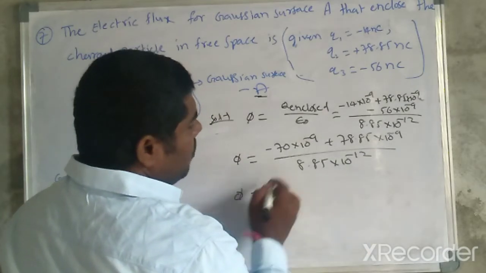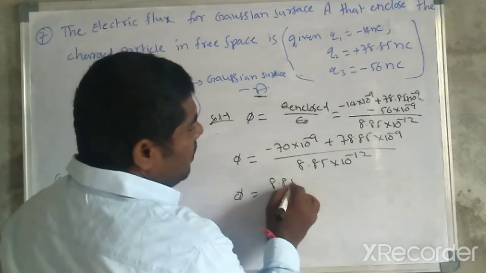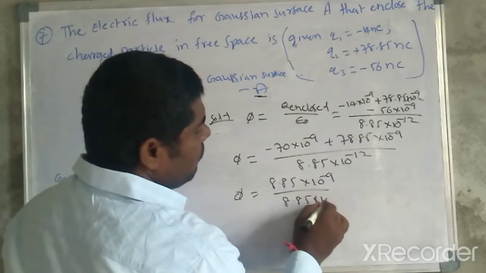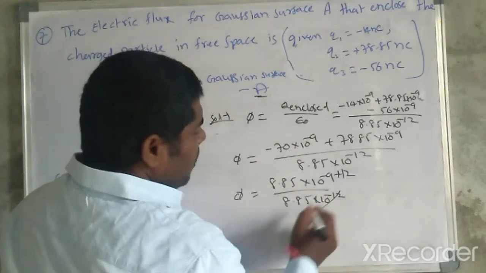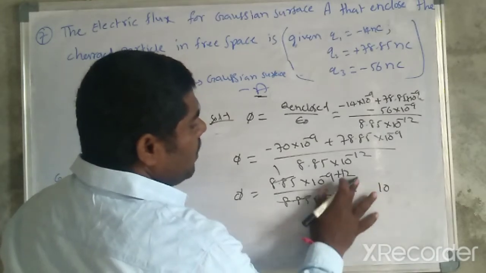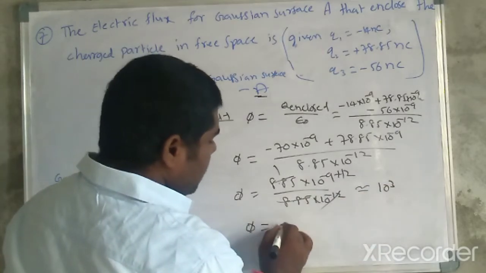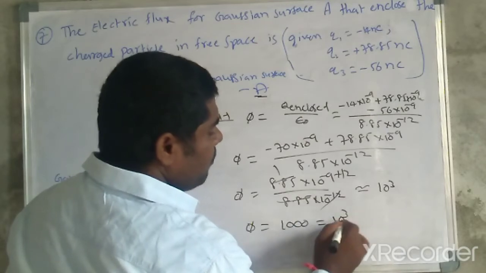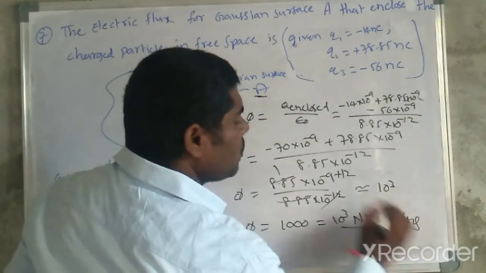So flux is equal to 78.85 minus 70, nothing but 8.85, into 10 to the power of minus 9 divided by 8.85 into 10 to the power of minus 12. So flux is approximately 10 cube, that is 1000 Newton meter square per coulomb. This is the answer to the question.